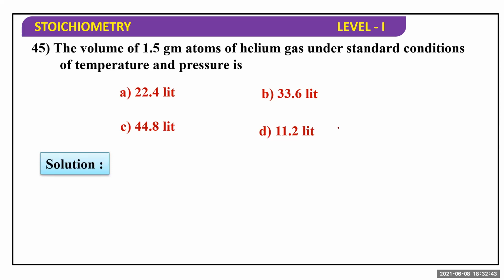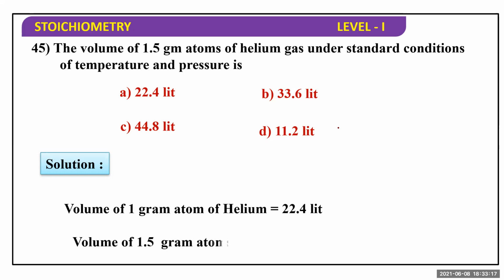The volume of 1 gram atom of helium, you know, it is 22.4 liter for any gas, 1 gram atom or 1 gram molecule. Since helium is a noble gas, its atomicity is one and its molecular weight and atomic weight are the same. So the volume of 1 gram atom of helium equals 22.4 liter. So the volume of 1.5 gram atoms of helium is 22.4 into 1.5. Here it is 33.6 liter.